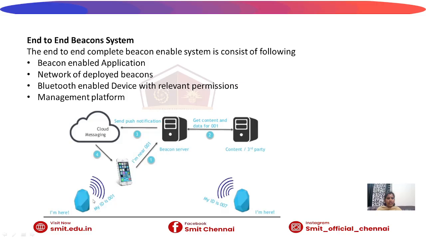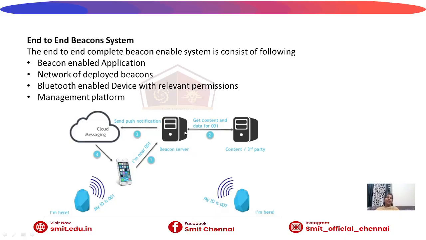So this is the end-to-end beacon system. Here there is one beacon with ID 001 and another beacon with ID 007. If beacon 001 is connected with the mobile phone via BLE, that is Bluetooth, the mobile phone informs the beacon server.